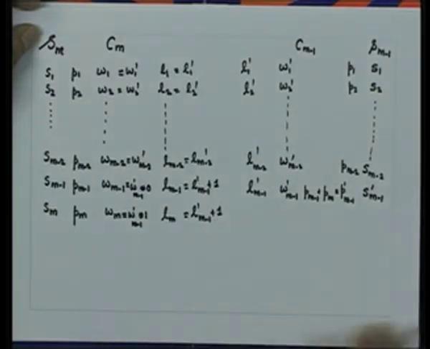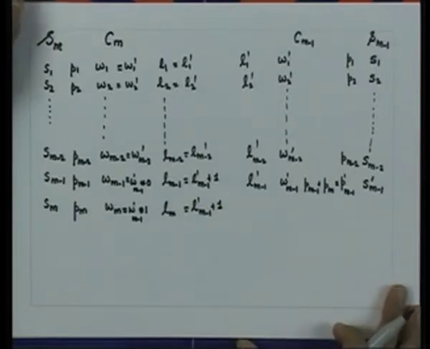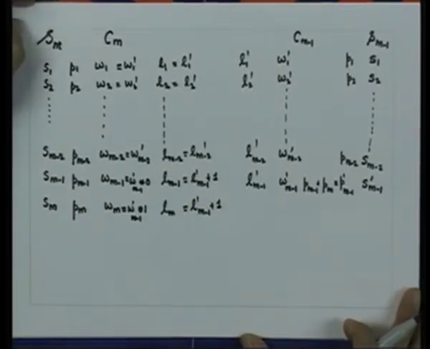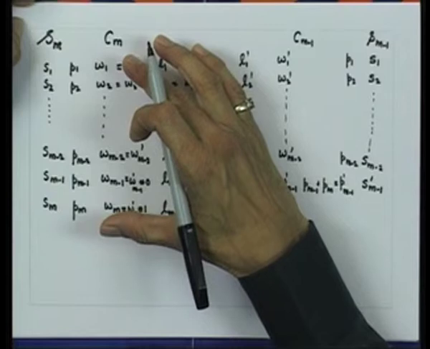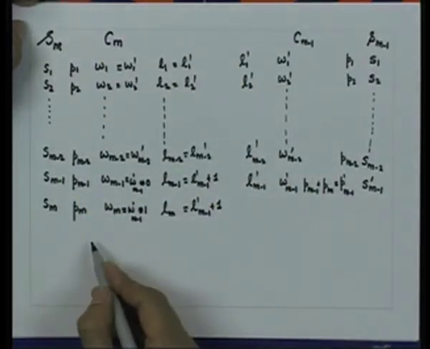Now, once we have written this, let us try to calculate the average code length for the code C_m.